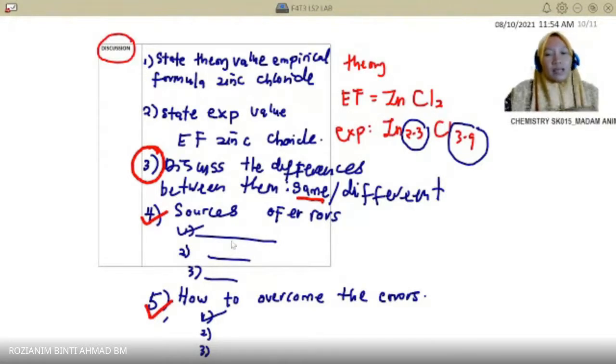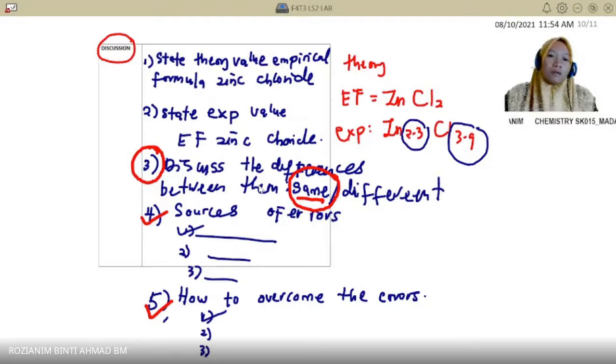So dia tak pernah kita, sebab kita bukan saintis, kita bukan perfect masa kita buat eksperimen. Probability memang ada error sepanjang eksperimen. So kita kena terangkan juga. So bukannya kita sukses eksperimen, no. So walaupun kita dapat sama, masih lagi ada sedikit error wujud. So kita kena terangkan at least 1 ataupun 2 error untuk kita discuss semasa eksperimen tu berlaku.